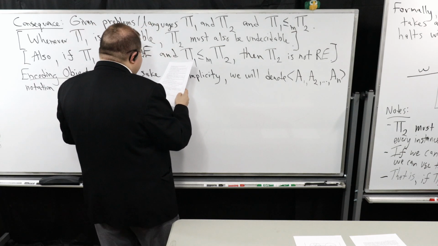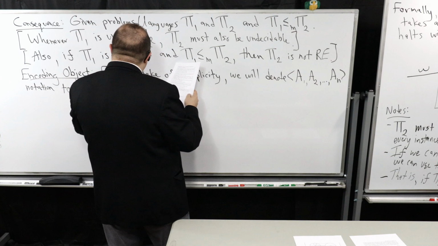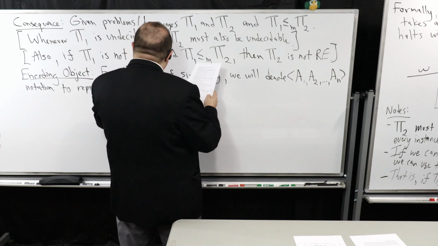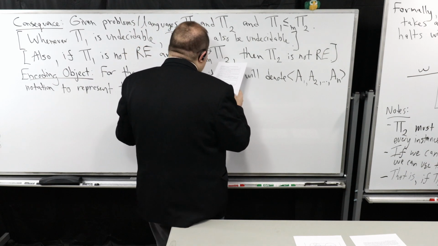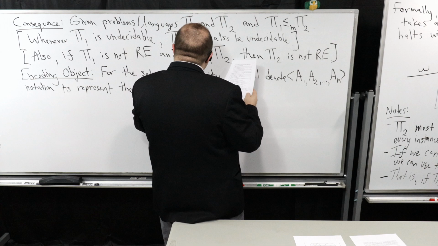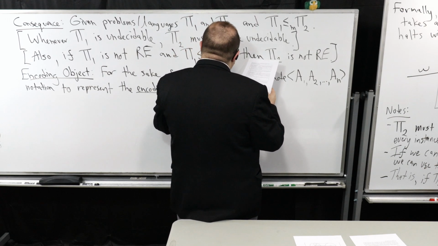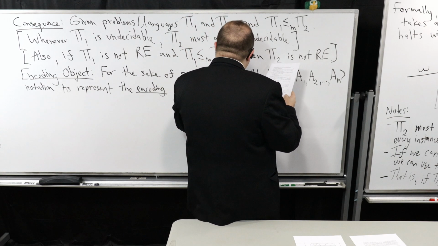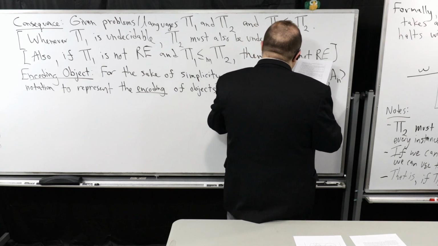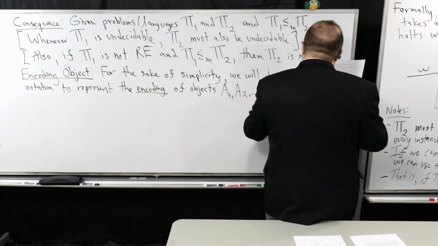To represent the encoding of objects A1, A2, all the way up to AN together.